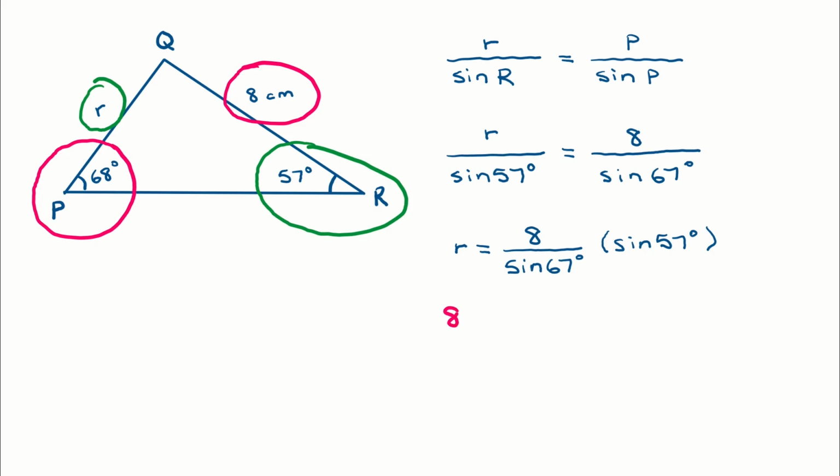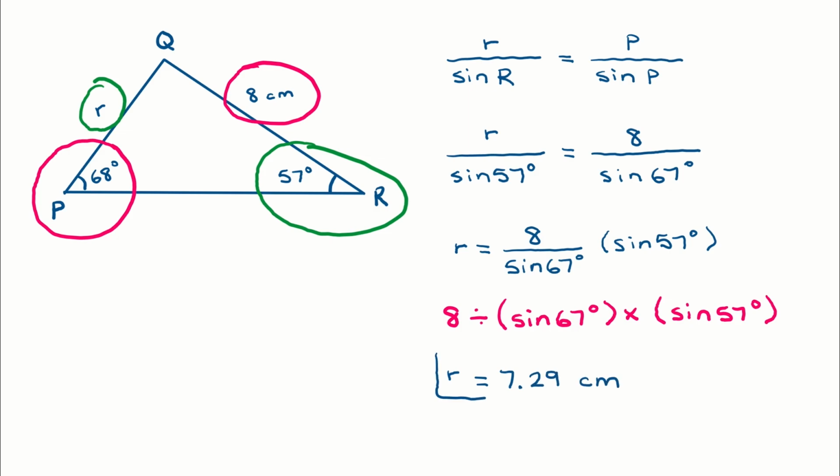So 8 divided by bracket sine of 67 degrees bracket multiplied by bracket sine of 57 degrees. Also, since this is in degrees, you want to make sure that your calculator is in degrees as well. So when I do this, I get an R of approximately 7.29, which is what our missing side is equal to.